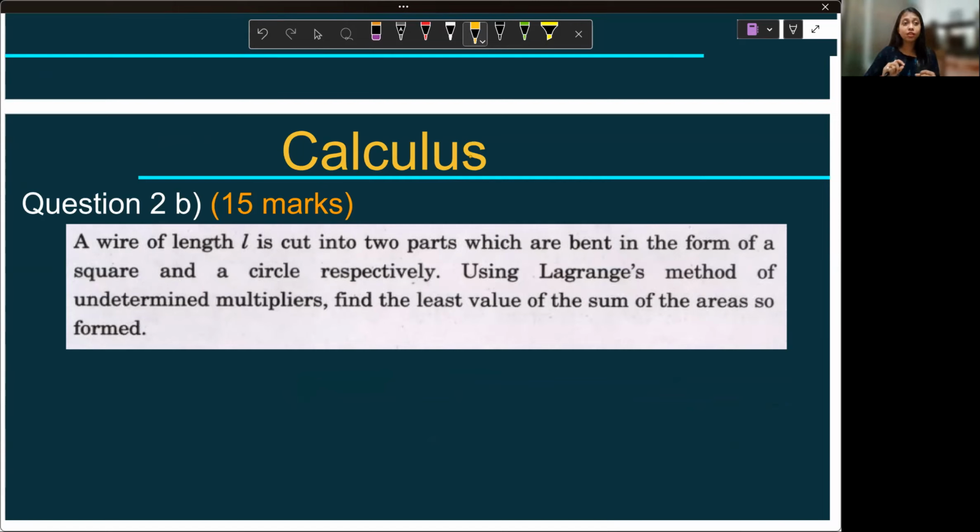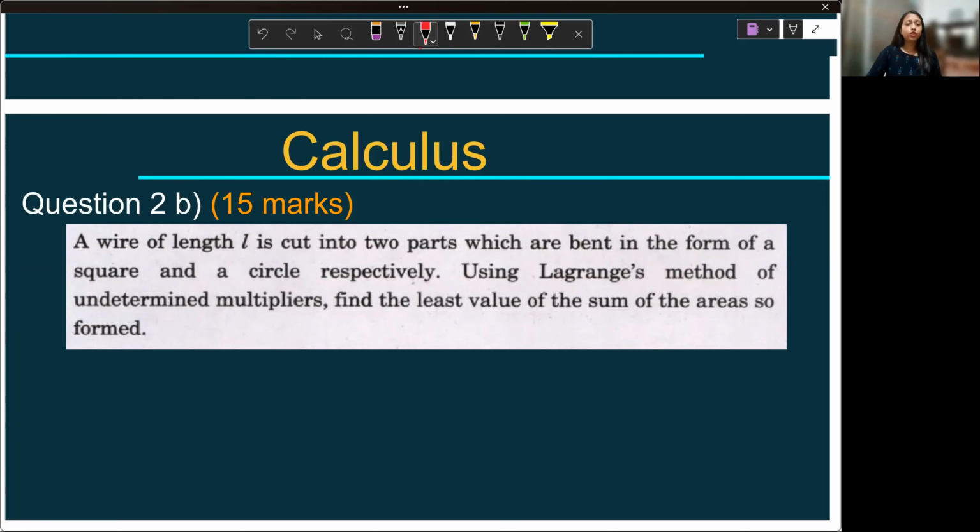But if you look at the syllabus and the previous year questions, some topics are fixed. So why don't we do those sections, even if I don't want to complete the whole syllabus? You need to look at the pattern in your previous year questions. And for calculus, a Lagrange's method of undetermined multiplier question will definitely be there. So it's better not to leave it.